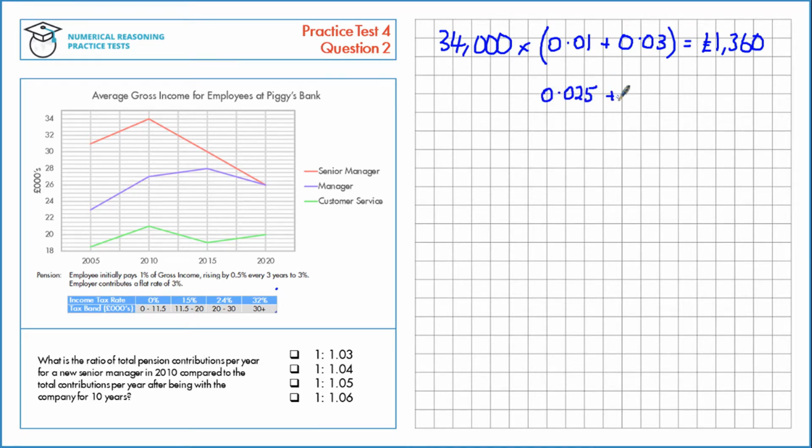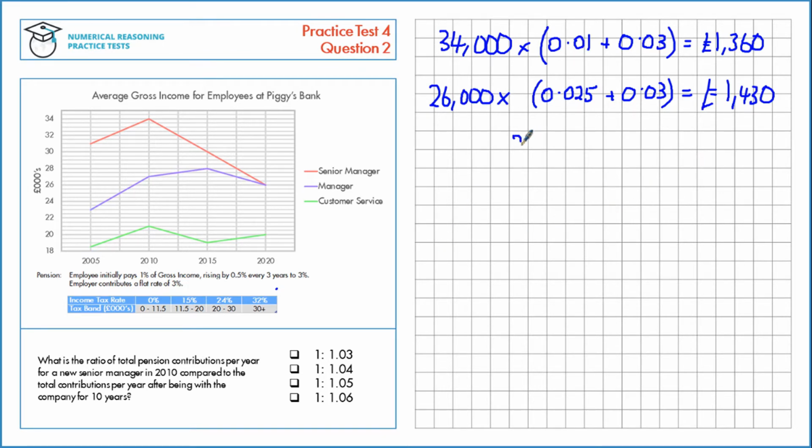The employer contribution will be the same, 0.03. And then 10 years later, because this is 10 years later here, that senior manager is getting paid $26,000. So 26,000 multiplied by those percentages is 1,430.